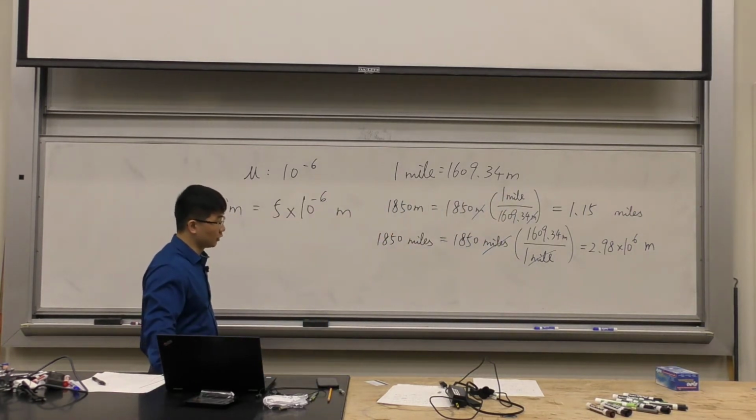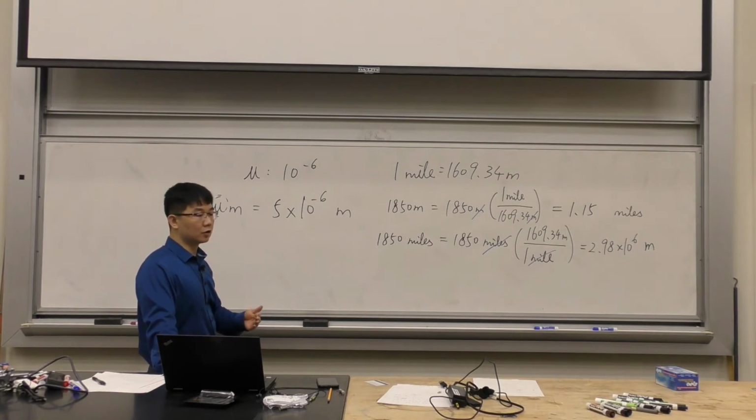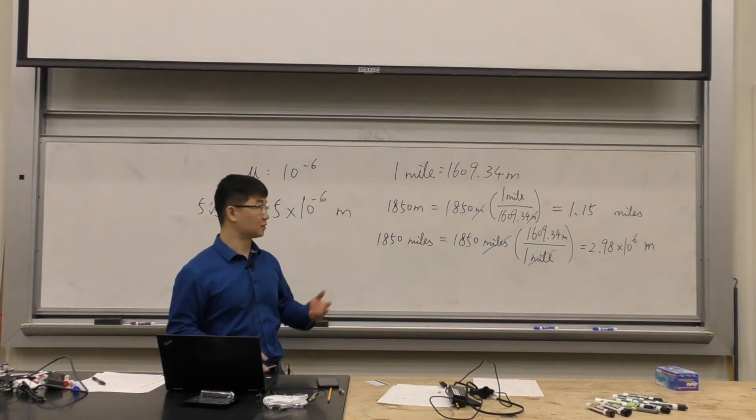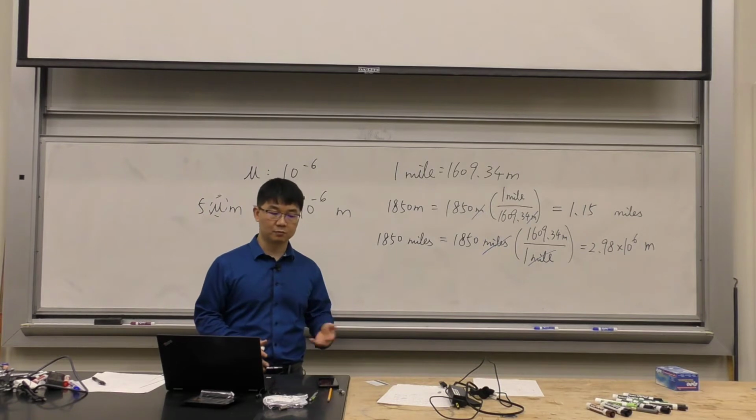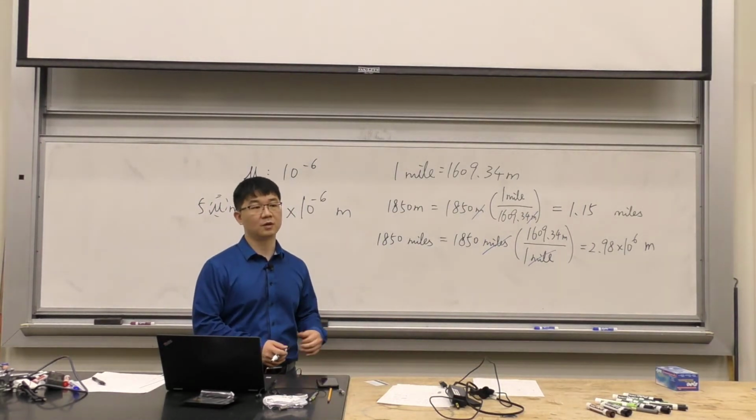So that's the unit conversion. Again, first of all, you need to know the conversion factor between these two units you want to convert. And you don't need to memorize these conversion factors. Physics is not about memorizing this stuff. It's not about memorizing equations or facts. It's about the math.